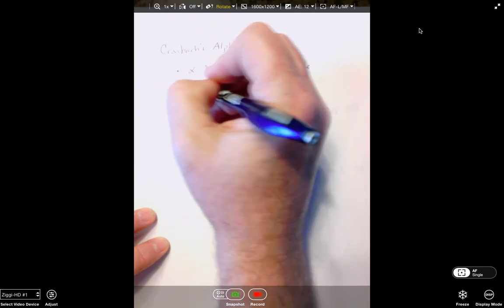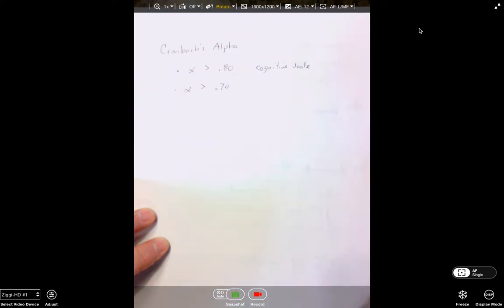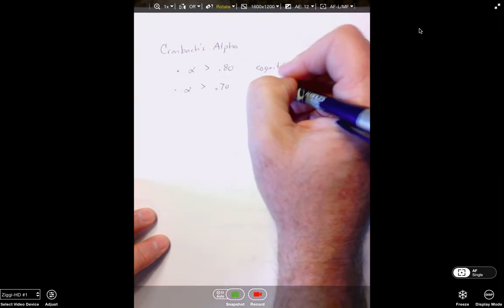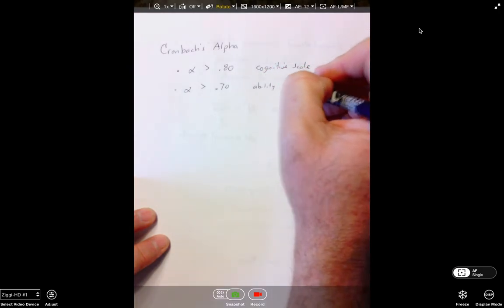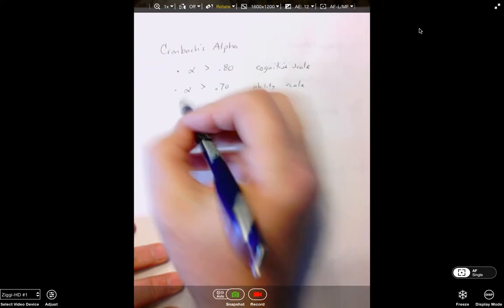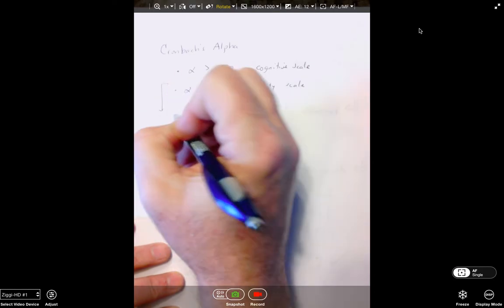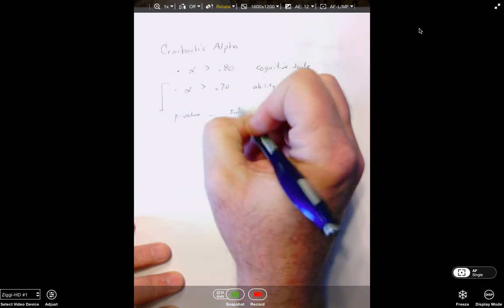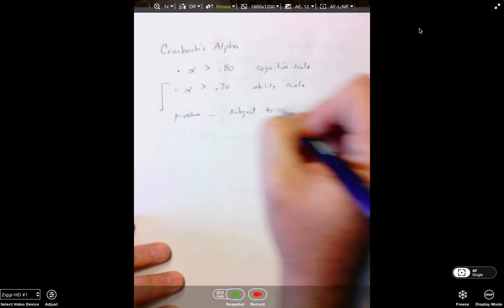If we have an alpha greater than 0.70, it's acceptable for an ability scale. The thing we run into here is that these things work just like p-values, in that they are subject to sample size.